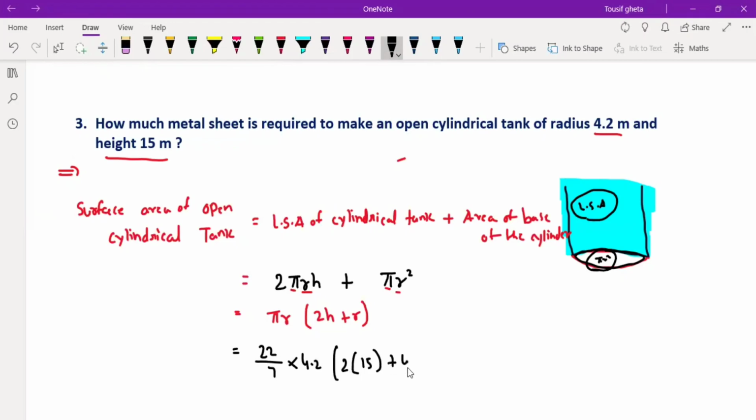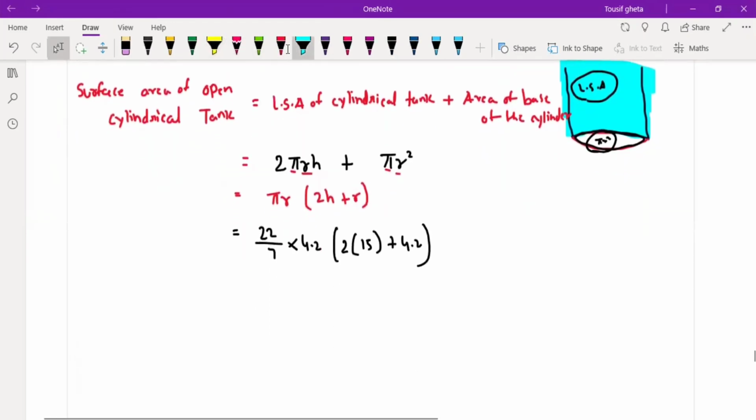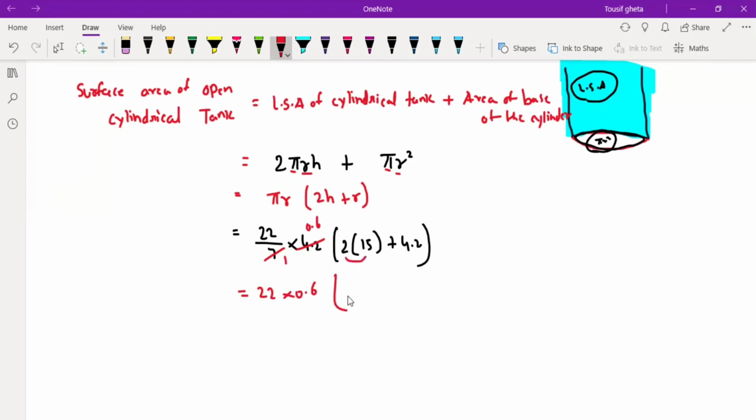So 22 by 7 times 4.2, into the bracket 2 times 15, that is 30, plus 4.2. Multiplying, 22 into 0.6 gives 13.2, into 30 plus 4.2, which gives 34.2.